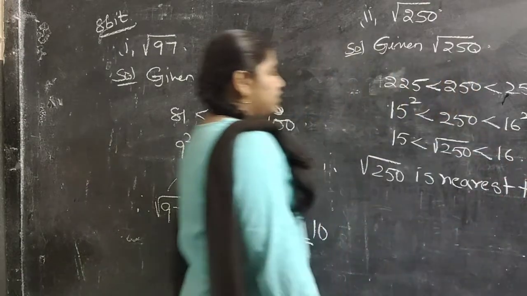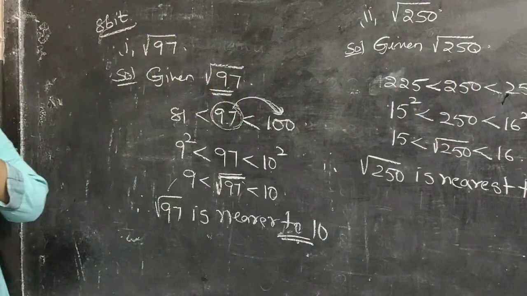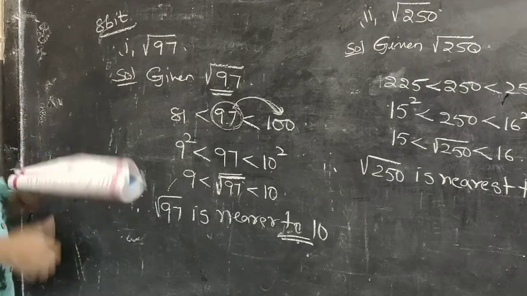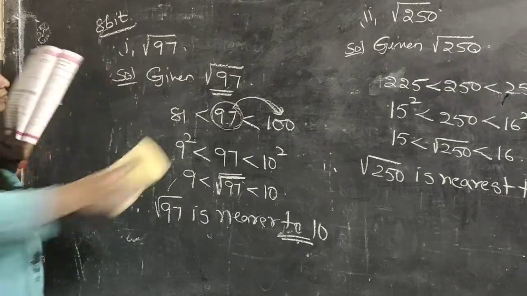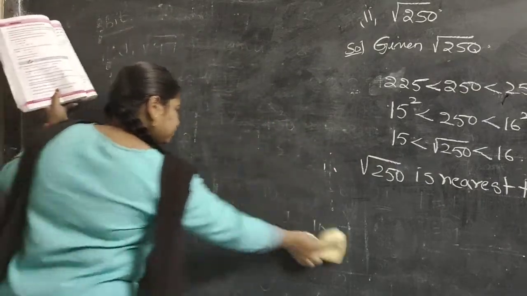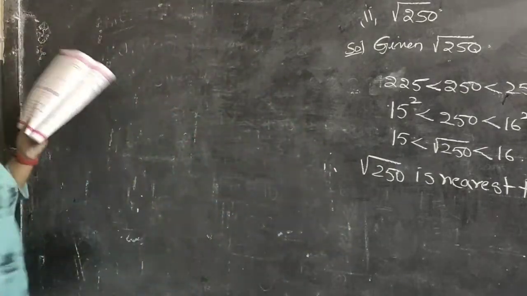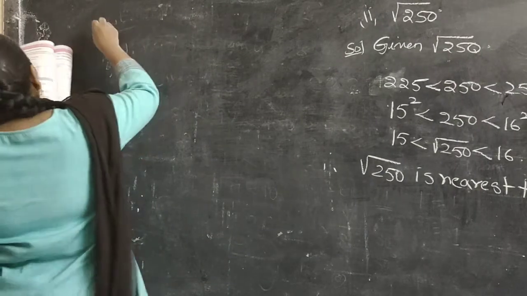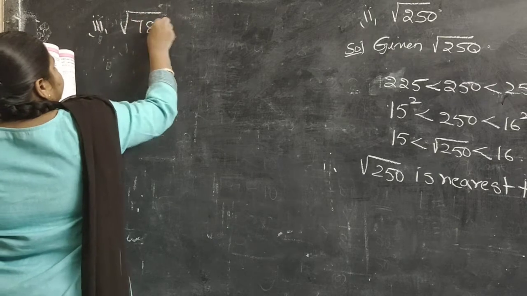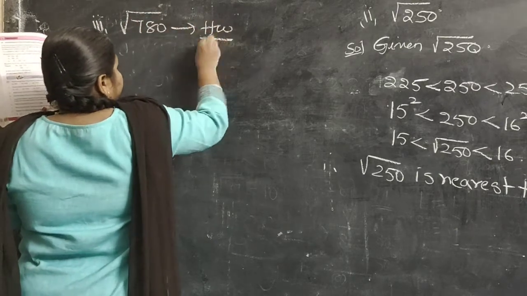In the same way, the last one you write as homework. Third one, root of 780, you write as homework.